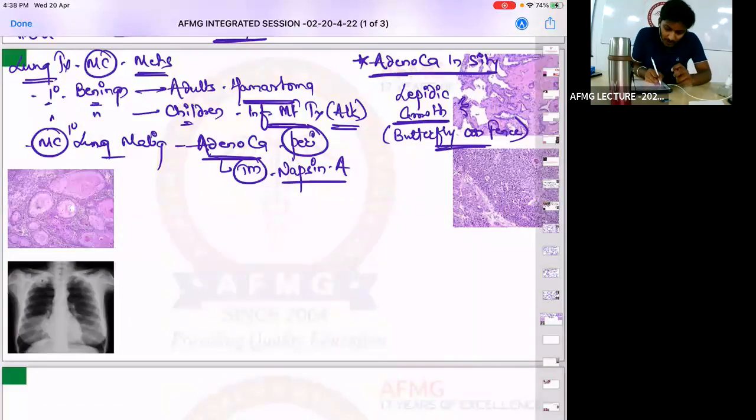Now, if a smoker patient comes to me, the most common lung cancer would be squamous cell carcinoma.